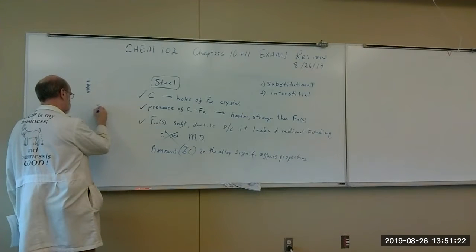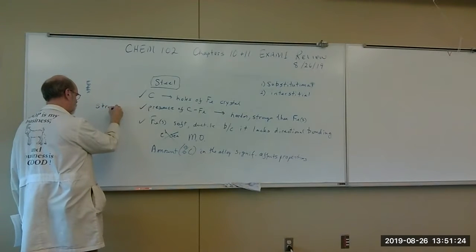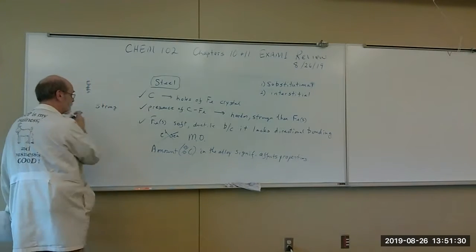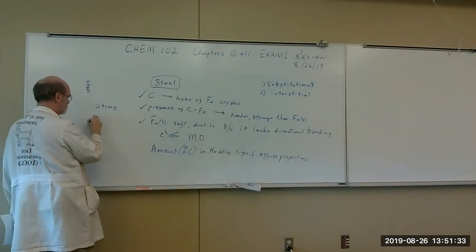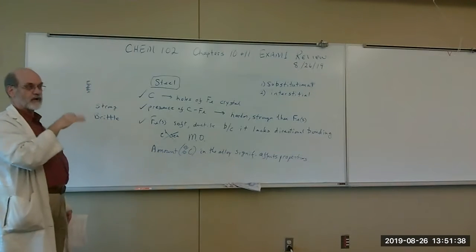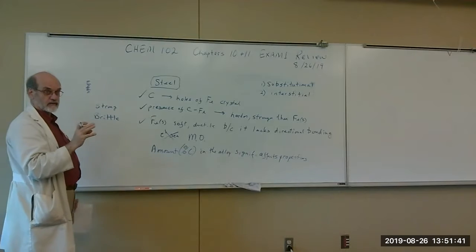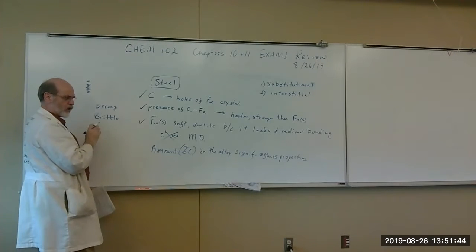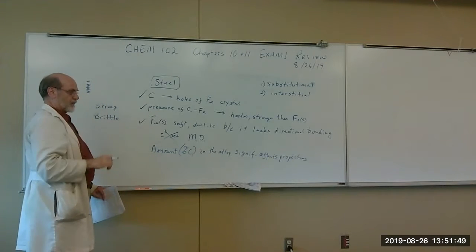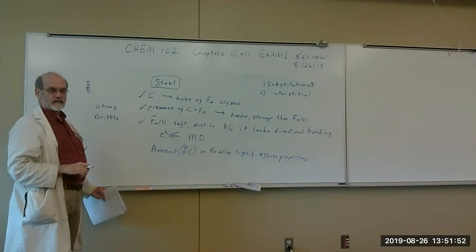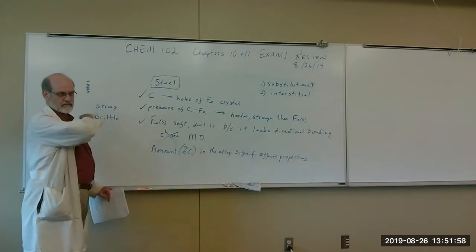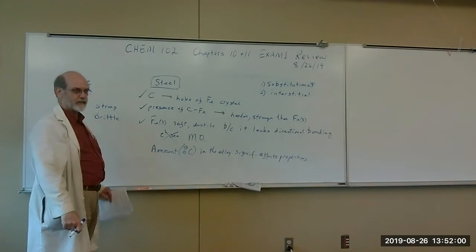It's brittle. When you get above 2%, you end up with brittle steel. It can hold a very sharp edge because those crystals are locked in place. But if you try to sword fight with it, and the other guy has a lower carbon steel, he can just snap your blade in half.